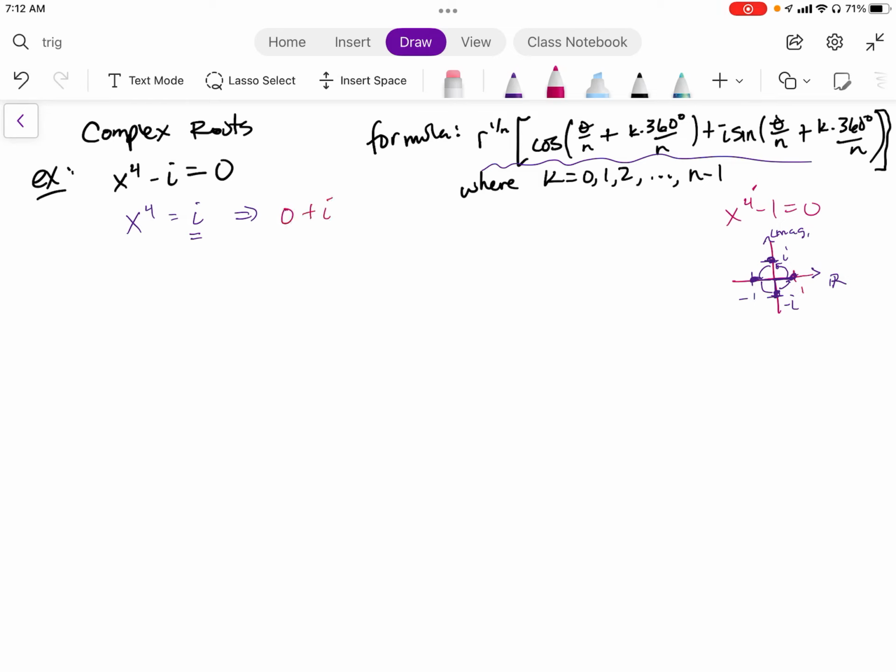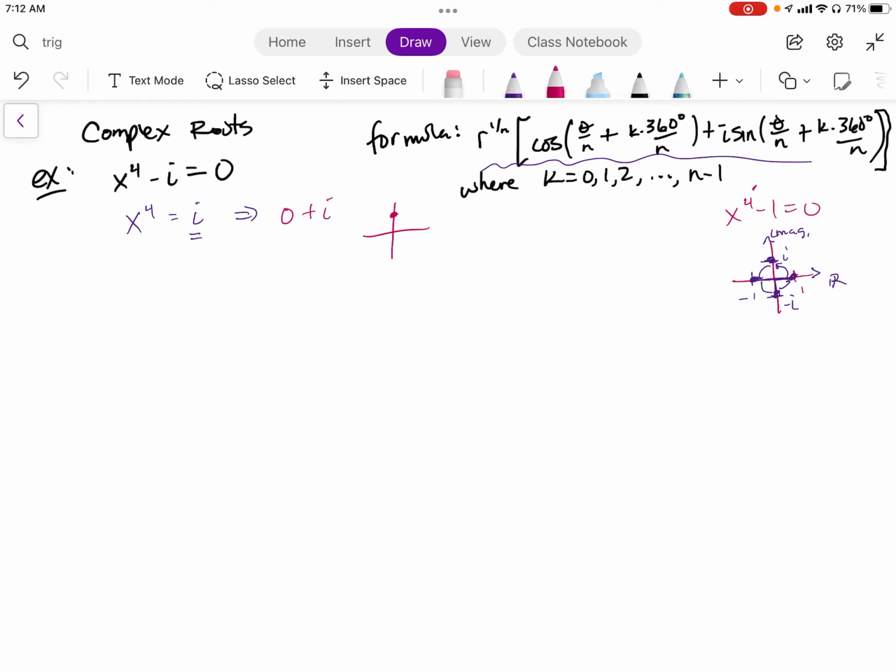And we could use formulas for a plus bi to get this number into trig form, or you could look at it on a graph. I know that this is here, so the angle should be 90, or pi over 2, depending if you want radians or degrees, really doesn't matter. And the r is 1.